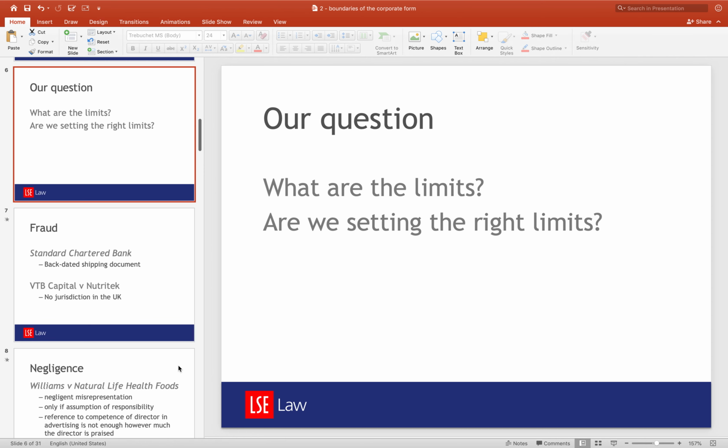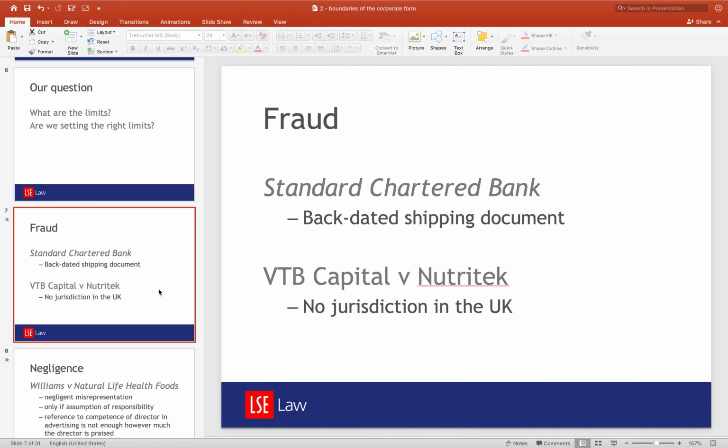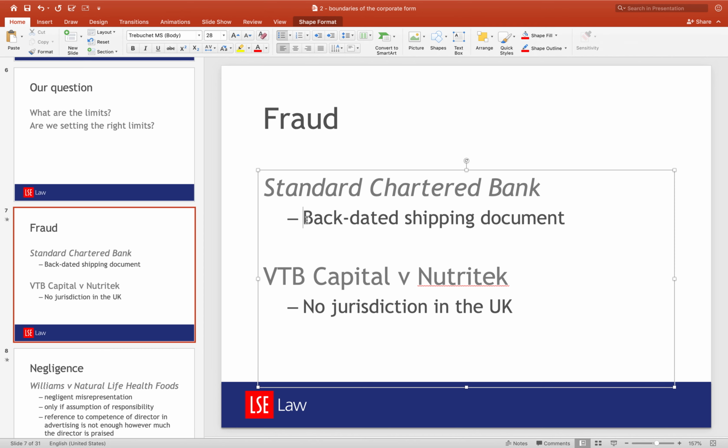Let's talk about limits. The first and very obvious limit is fraud, and the leading case is Standard Chartered Bank. That was a case where both the company and its director and shareholder were personally liable for a fraud they had committed.